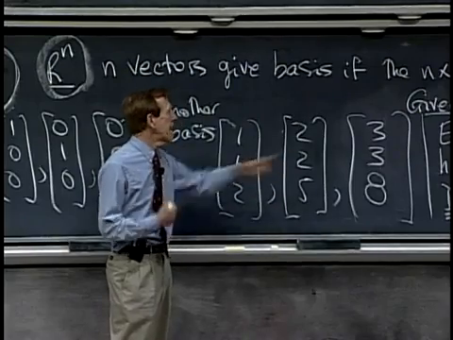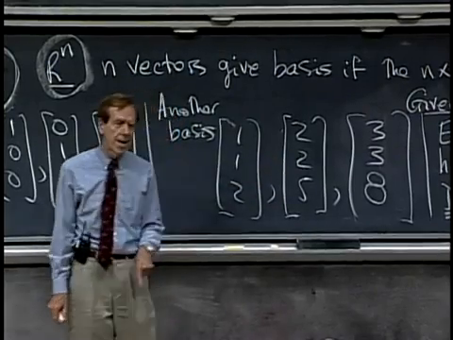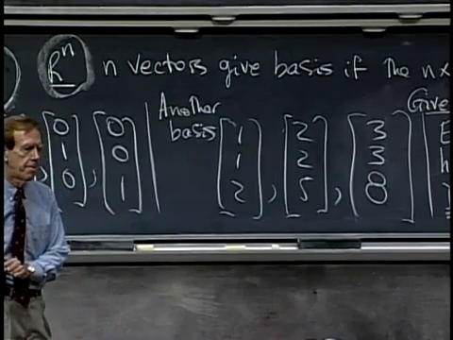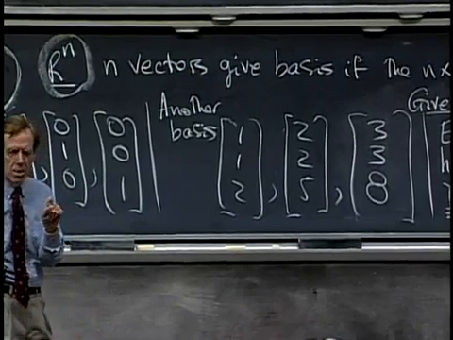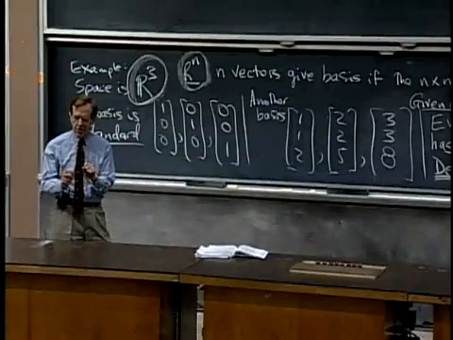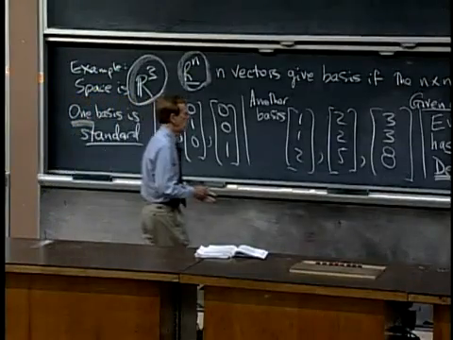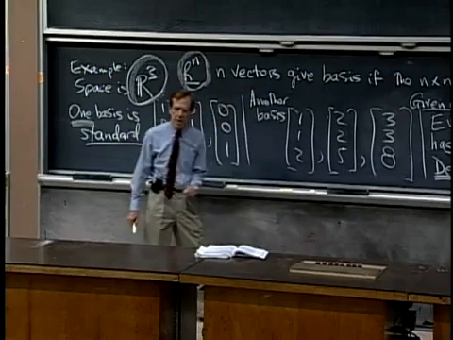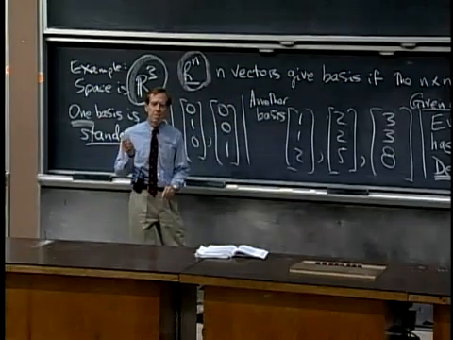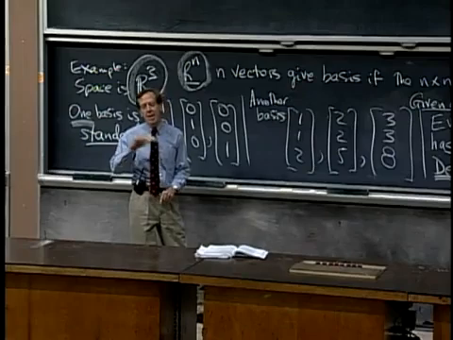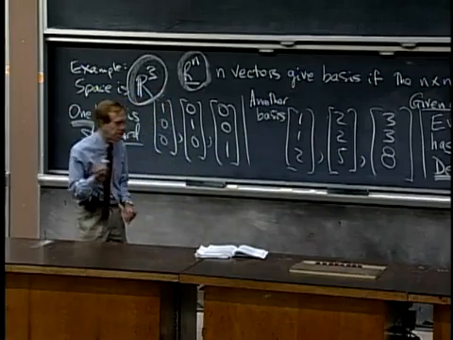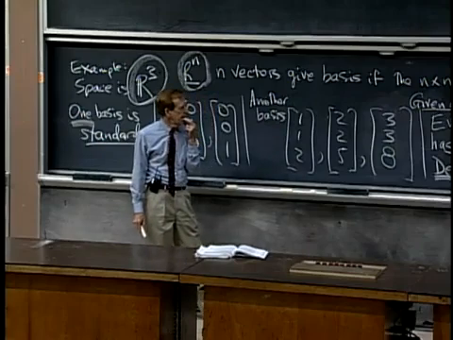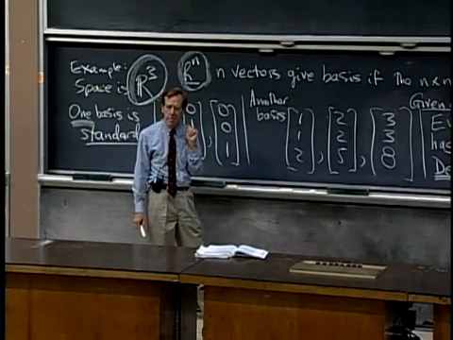But after class, to my sorrow, a student tells me, wait a minute, that third vector, 3, 3, 8, is not independent. And why did she say that? She didn't actually take the time to find what combination of this one and this one gives 3, 3, 8. She did something else. She looked ahead because she said, wait a minute, if I look at that matrix, it's not invertible.